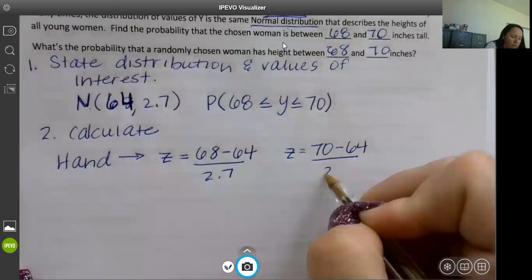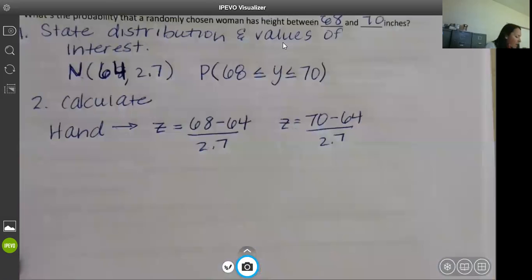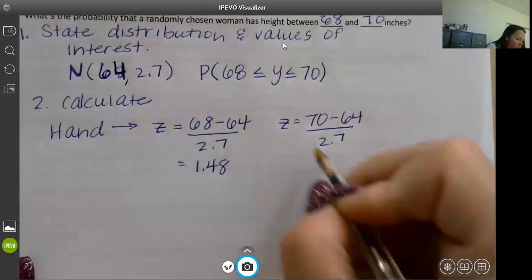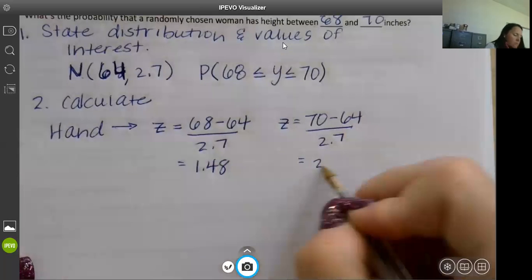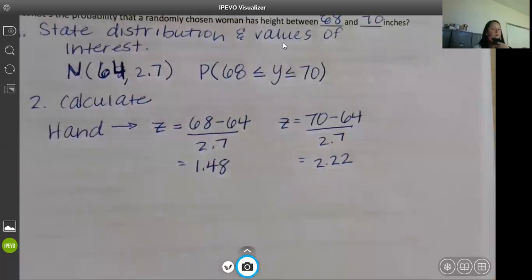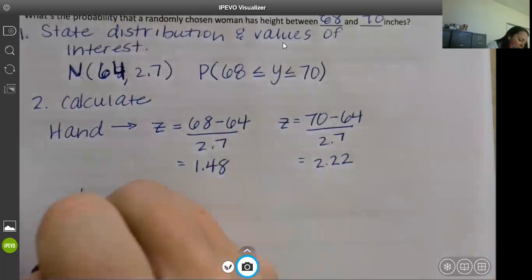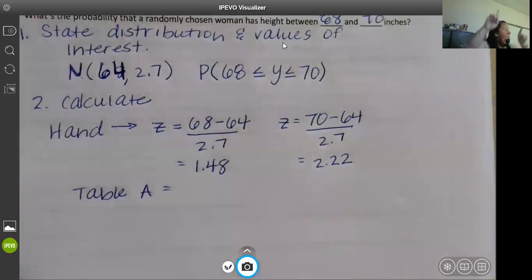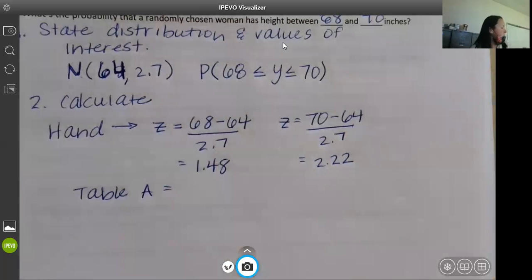So think back to when we did this. I will go ahead and tell you that gives you 1.48. And this one gives you 2.22. So then to find your probabilities, you go to table A and you look for 1.48 and you find the probability in the chart.